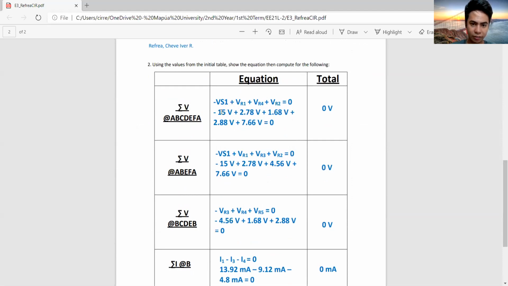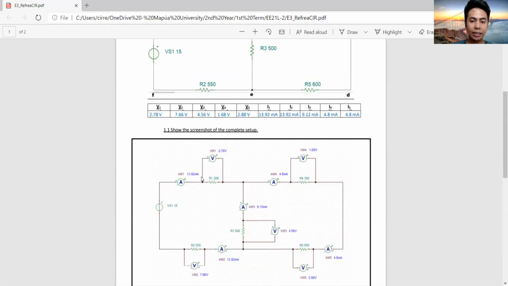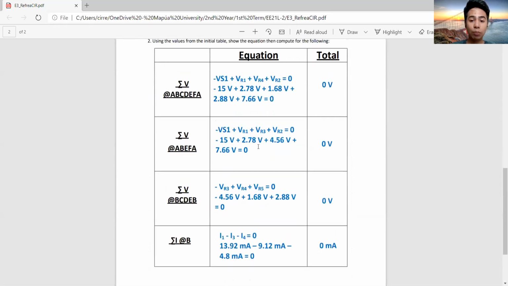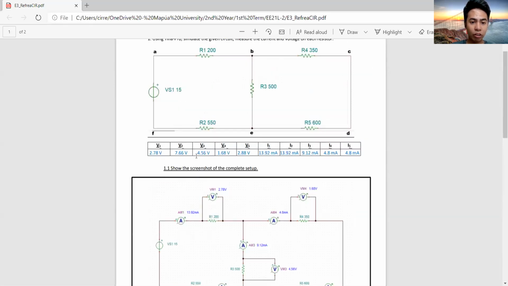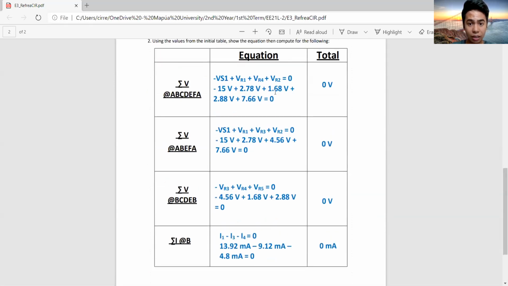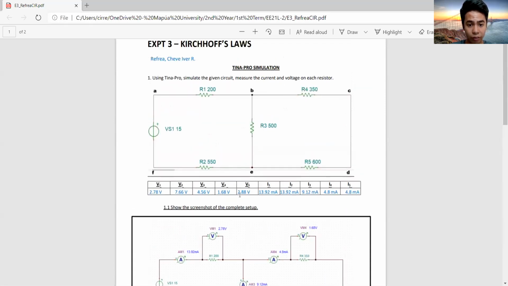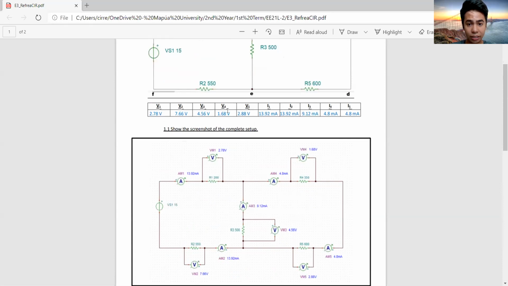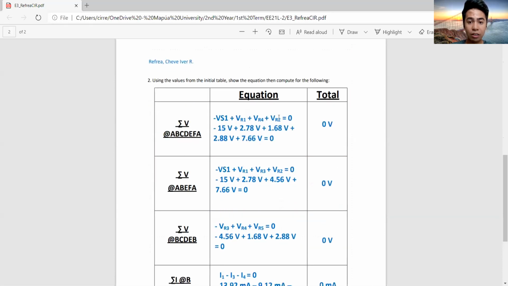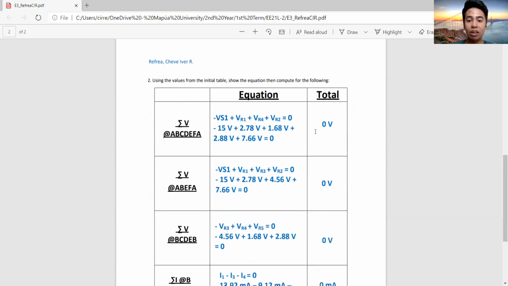So the first one is negative 15 volts, because it should be negative 15 as stated in the negative sign, plus 2.78 volts as stated by the voltage for resistor 1, plus VR4, which is 1.68, plus VR2, which is 7.66. Adding all that up, it should equal 0.